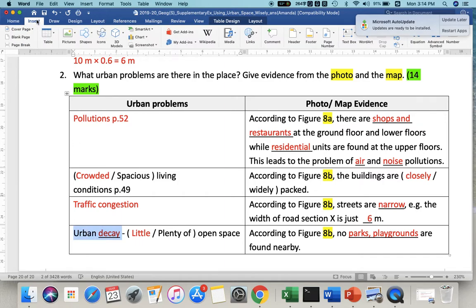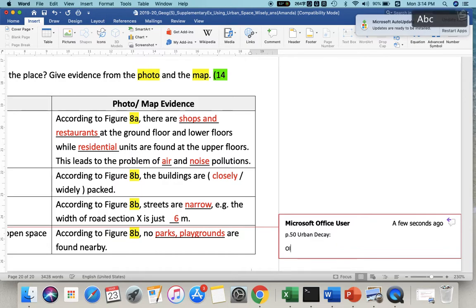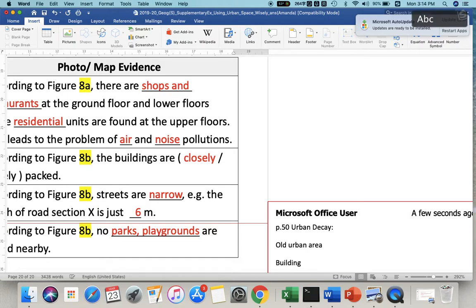So a very quick revision for the urban decay, and you can refer back to your book page 50 about the urban decay. So some major characteristics here include, you can find a very old urban area, okay, old urban area, and the buildings are very old and in a very poor condition.